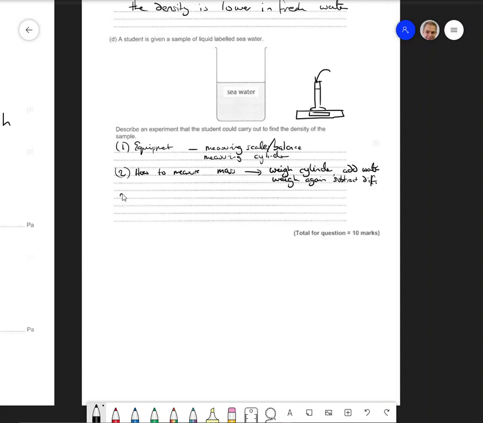Some method in which you're being accurate using the measuring cylinder. The key there is to measure volume at eye level. That's because if you look at a measuring cylinder, you've got markings along the side.